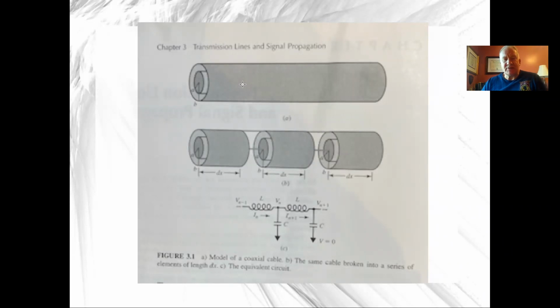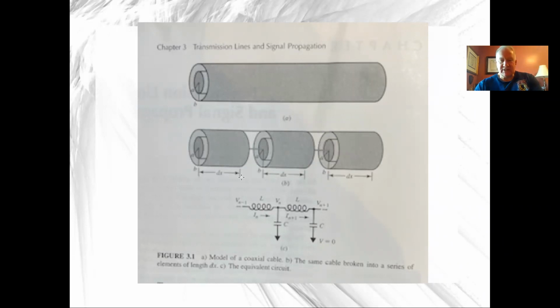I apologize for the quality of this picture, but it's from your book. What we're going to do is take that coaxial cable and cut it up into little chunks of length dx. The inner radius is A and the outer radius is B. So the inner conductor, or the core, has a radius of A, and the shield has a radius of B. And the length is dx.